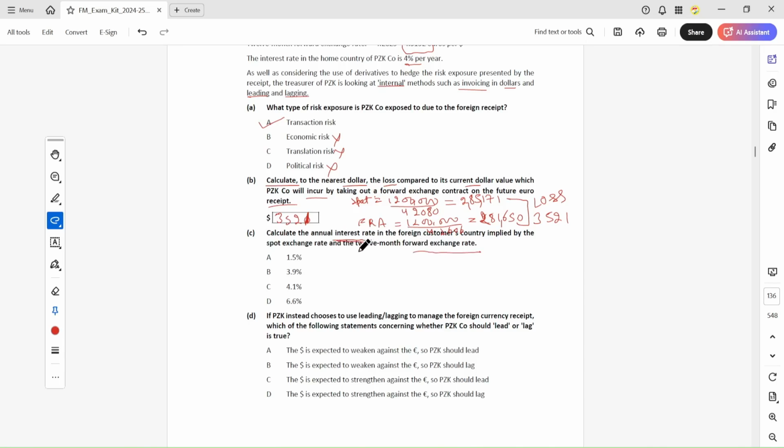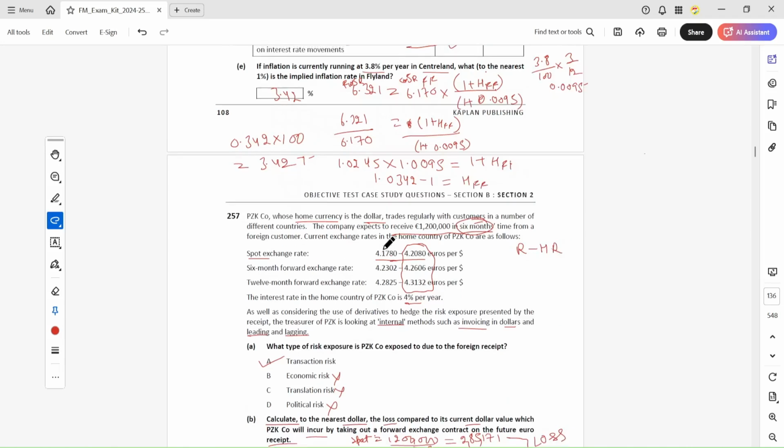Using the interest rate, calculate the forward rate. By using interest rate parity theory, you calculate this. We have already done so many questions on this, so you have to calculate this. Actually, I will put the numbers. You have to solve this.